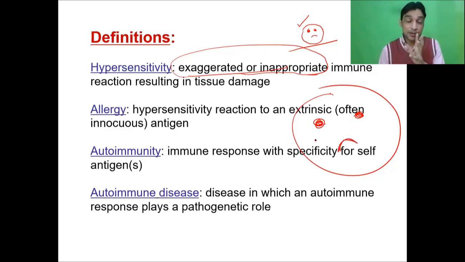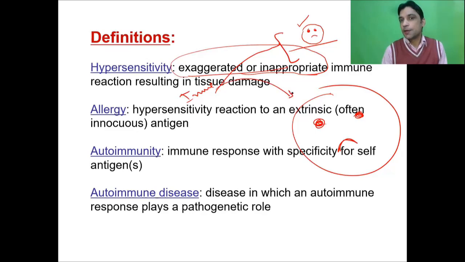And a similar type of trouble is there with our immune system as well. Sometimes our immune system observes a threat as being that big. So this type of response is called a hypersensitivity response or exaggerated immune reaction.